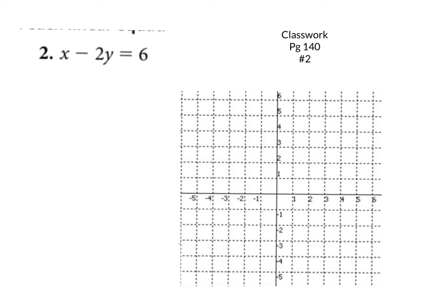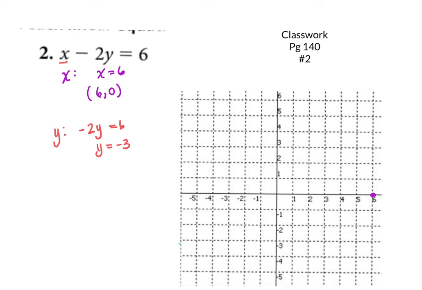All right, so your x-intercept here. X-intercept, you make your y 0, so you end up with just x equals 6. So your x-intercept here is 6, 0. For your y-intercept, you make your x 0, so you're going to have negative 2y equals 6.